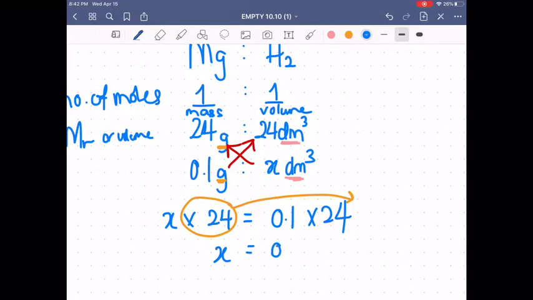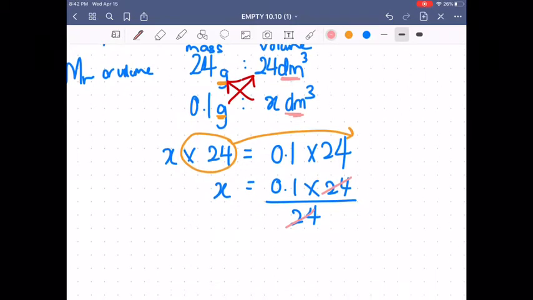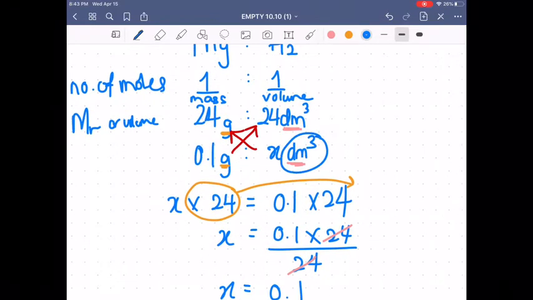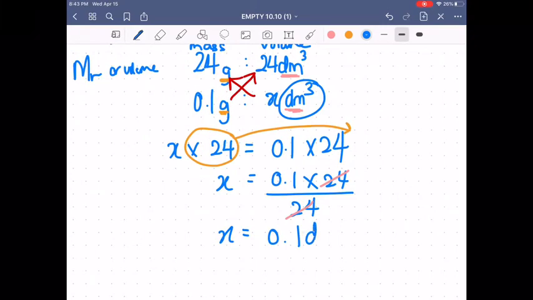Then 0.1 times 24 divided by 24. Same number, cancel each other, you are left with 0.1. x is 0.1. What is the unit? Please write down the unit. This is dm cube.